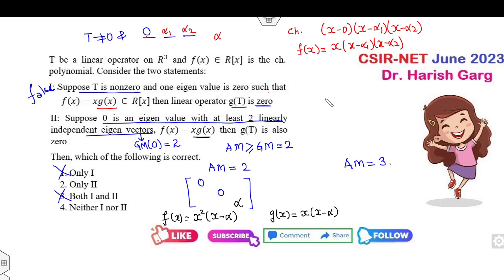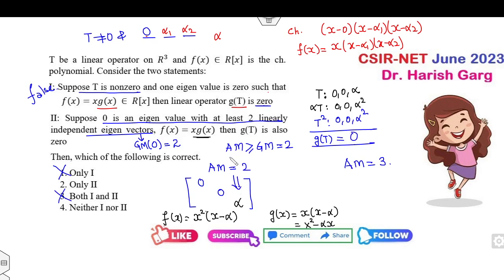Fine. Now can you find the eigenvalues of T? This will be 0, 0, alpha. I need x square minus alpha x. Eigenvalue of alpha into T is 0, 0, alpha square. Eigenvalue of T square is 0, 0, alpha square. So if you subtract them, g of T will be 0.